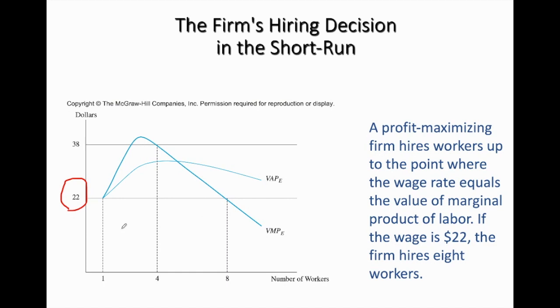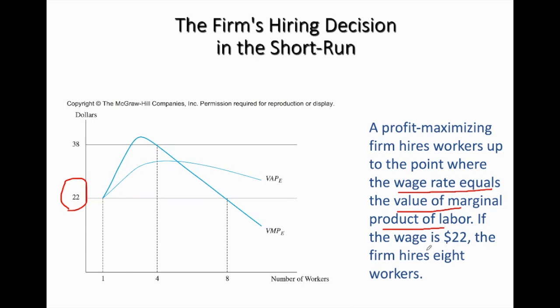The basic rule that we will use in guiding our firm to hire or to lay off workers is stated here, where a profit maximizing firm hires workers up to the point where the wage rate equals the value of marginal product of worker or labor.